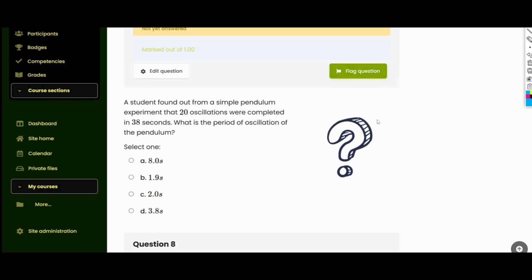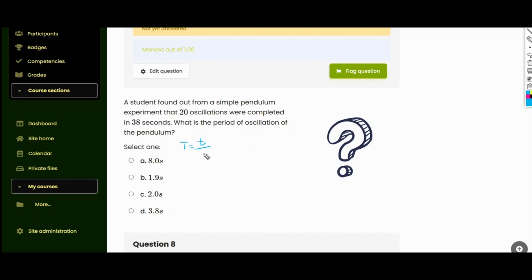So the next question, 7th question, is similar to the previous one we just attempted. So we're still looking for period. The period is time over number of oscillations.